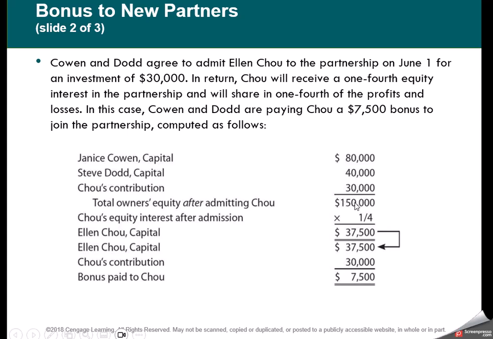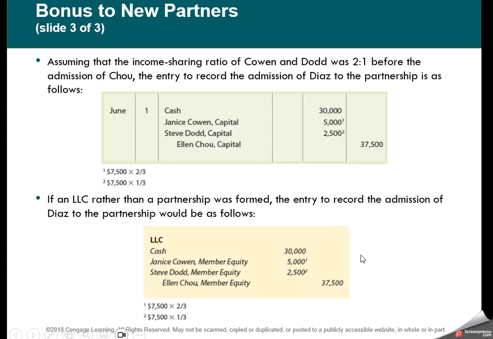It's a total of $150,000. 1/4 of that is $37,500. So in this case, Janice and Steve owe Ellen that $7,500. We're going to take it out of their capital and give it to her, based on 2/3 coming from Janice and 1/3 from Steve.